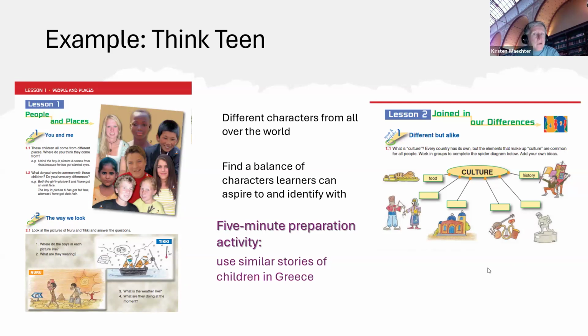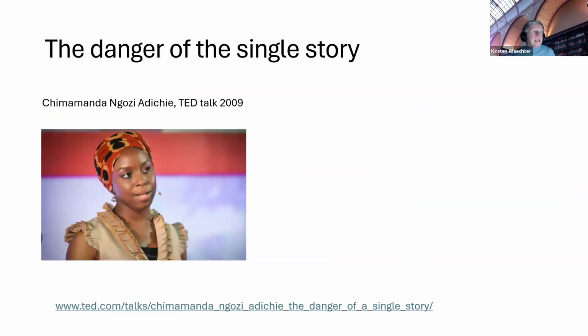However, we have the problem that in a lot of textbooks, children are reduced to one part of their lives. And this is what Chimamanda Ngozi Adichie, a great Nigerian author, calls the danger of the single story. So she says that people usually see her as Black.